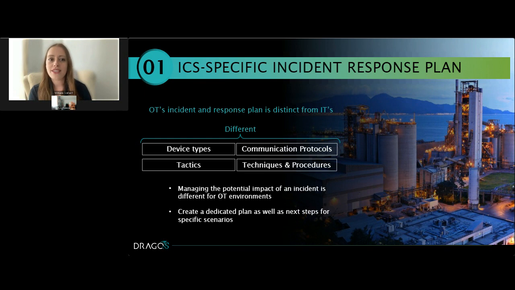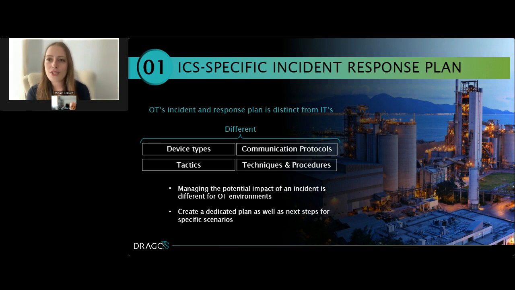So there are different devices and assets, different communication protocols, different tactics, techniques, and procedures. So it's really important to create that dedicated plan so that if or should you encounter such an incident that you need to respond to, you also know how to do it within your operational technology side.